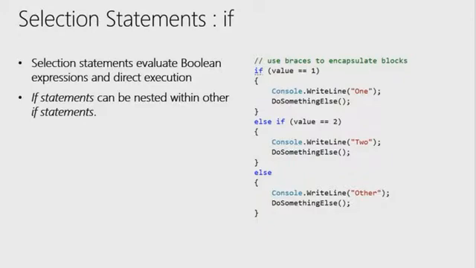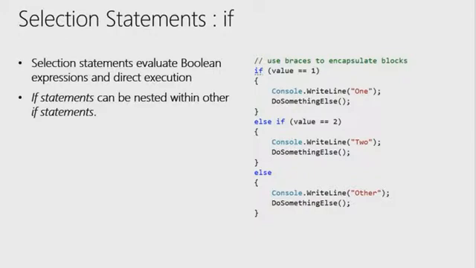Exactly. So if we look at the sample code on the right-hand side here, we can see if value is equal to 1. Notice that there are 2 equals signs there. That indicates that this is a Boolean equality check as opposed to an assignment. If you had a single equals there, we'd actually be trying to put 1 into the value. An interesting thing about the C# compiler is it knows context and will not allow you to do an assignment by accident.